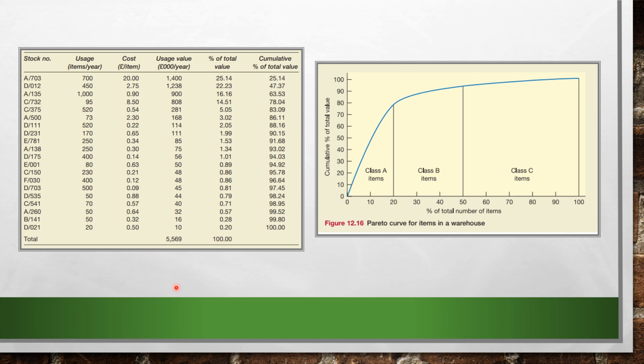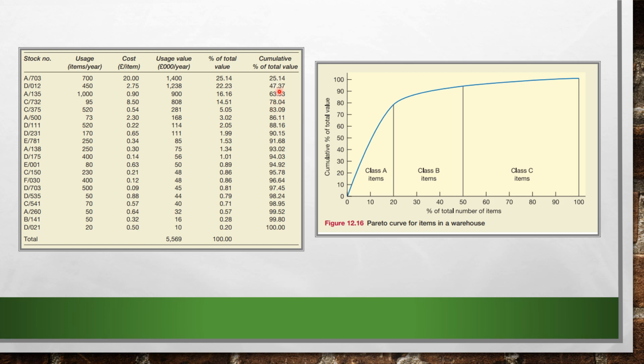From this, it is possible to calculate the usage value per year of each item as a percentage of the total usage value, by dividing, for example, 1,4 by 5,569. So we can get the running cumulative total. The wholesaler can then plot the cumulative percentage of all stock items against the cumulative percentage of their value.